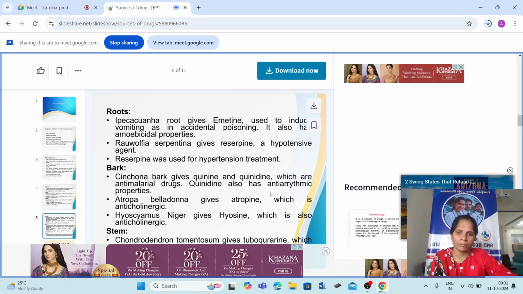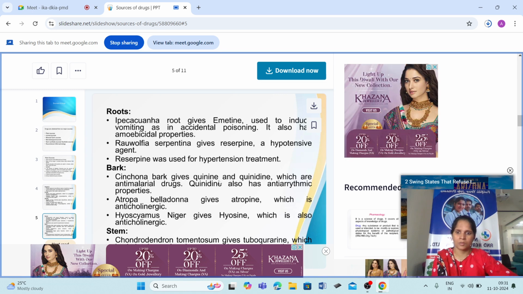So that particular plant can be used as what? Emetic. And next, it can also be used for its amoebicidal properties. What do you mean by amoebicidal? Amoebicidal in the sense it has the capability to kill the amoeba. Cidal means death, right? So for amoebicidal properties also we can use ipecacuanha syrup.